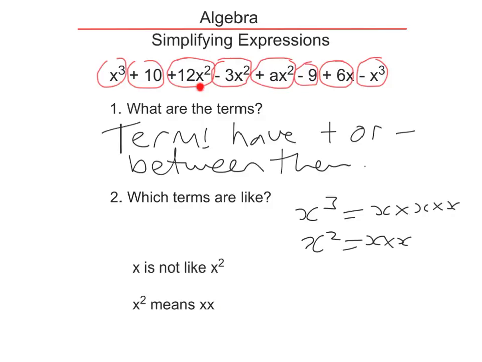X squared and x squared are the like. Ax squared is not like them. X is not like any of the other ones here. This is the only term that has just an x in it. This has got xxx, this has got xxa or axx, this has got xx, and this has got xx.